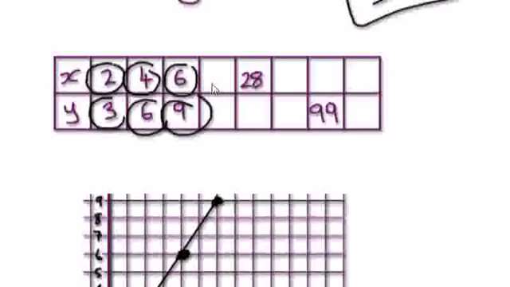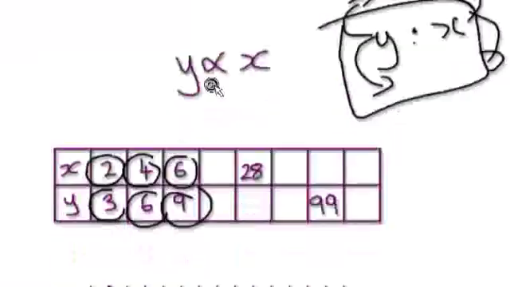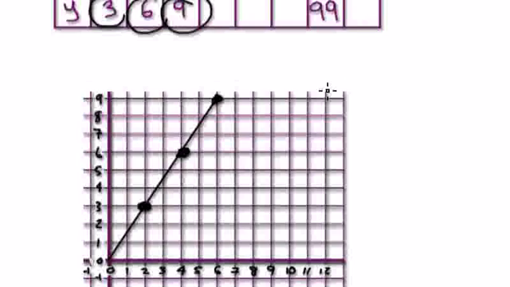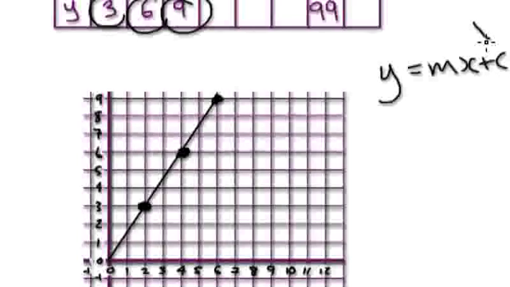So when you're told that y is directly proportional to x, it's going to form a straight line like this, always going through the origin. A straight line has the formula y equals mx plus c. Now c is the intercept. It always goes through the origin, so we can pretty much take c as 0.